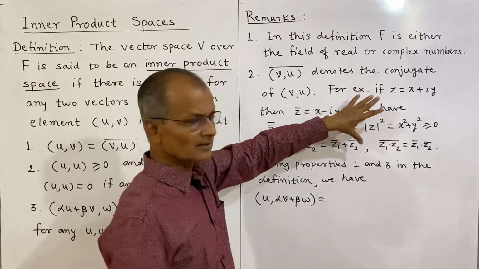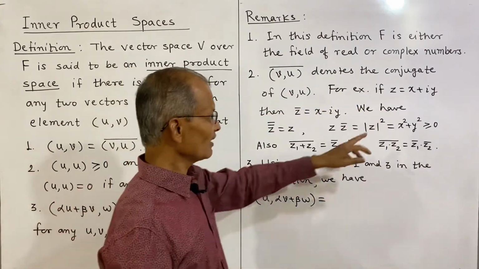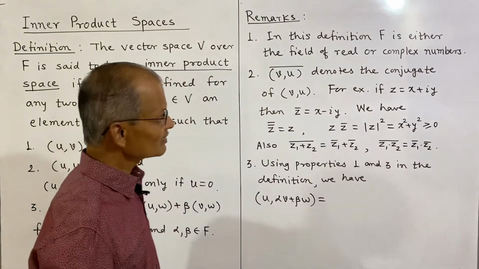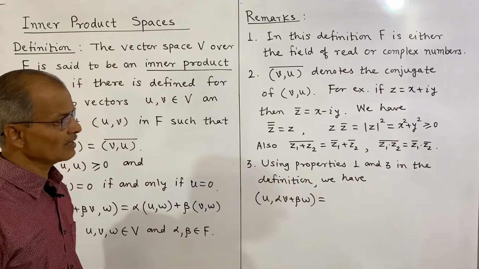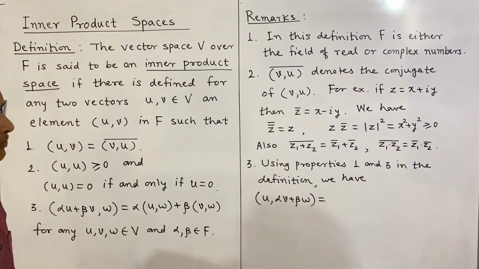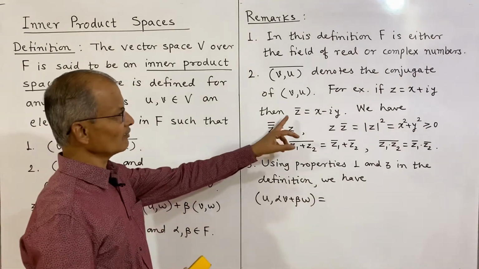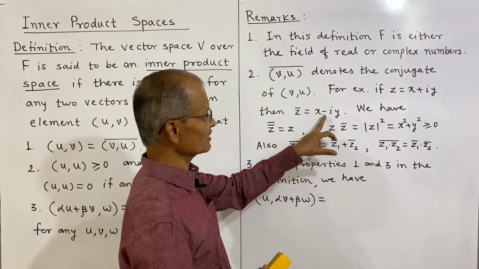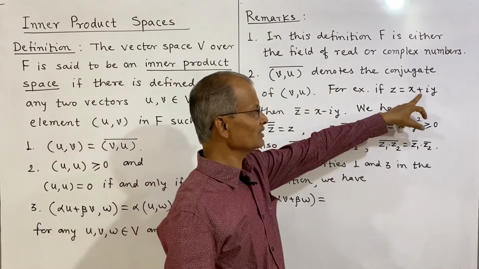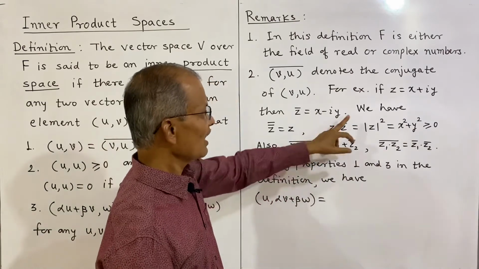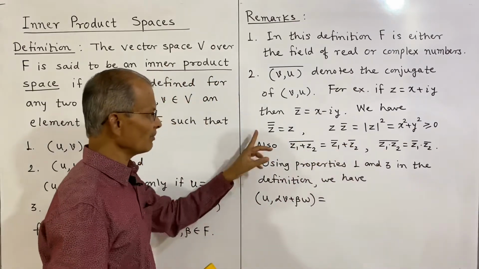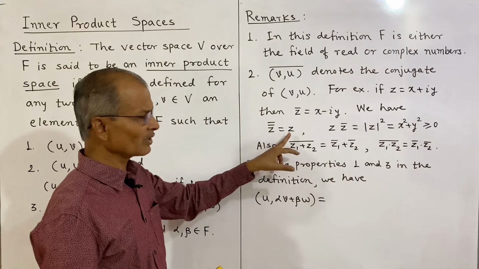And for example, what is the meaning of conjugate? For revision I have written here, z is complex number x plus i into y, i is equal to root of minus 1, and then the conjugate of z is x minus iy. That means we change the sign of this imaginary part, then we get its conjugate. And some properties of conjugate are double conjugate of a complex number is the same.